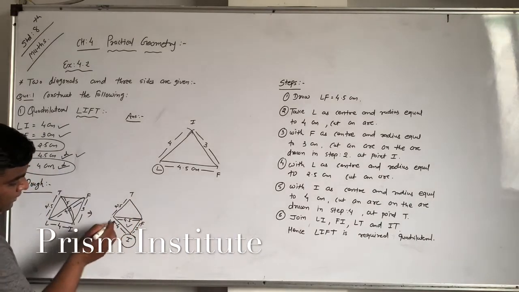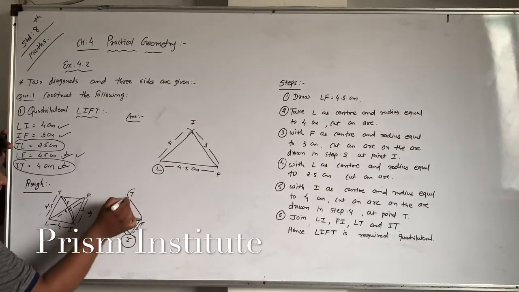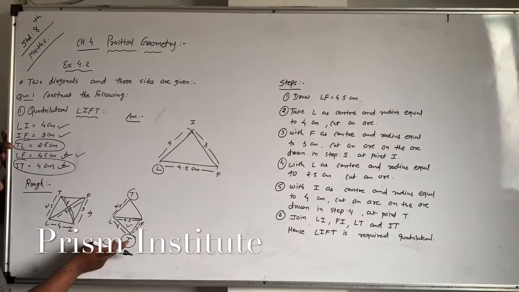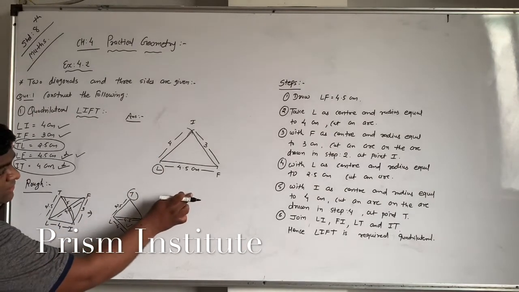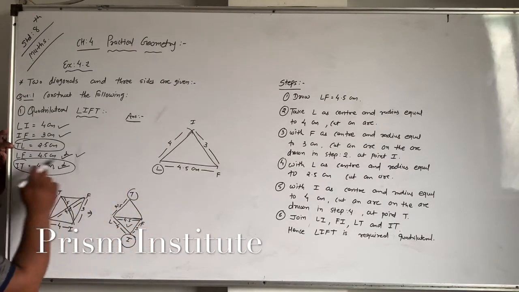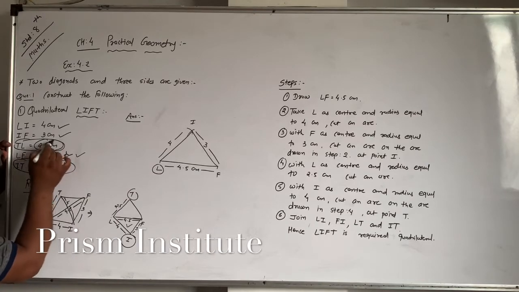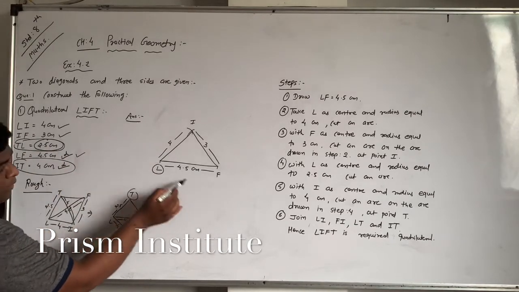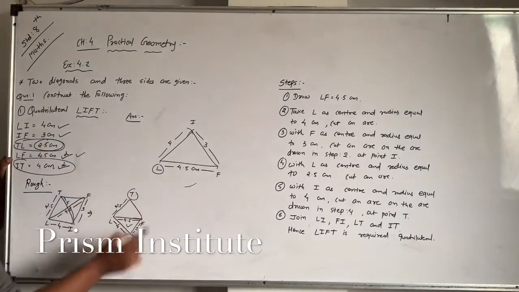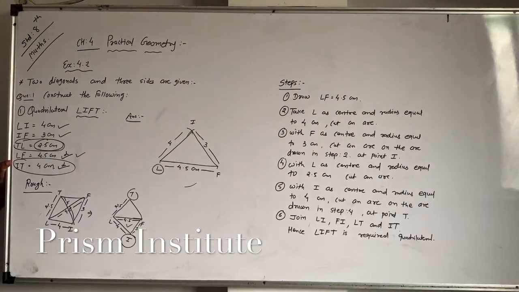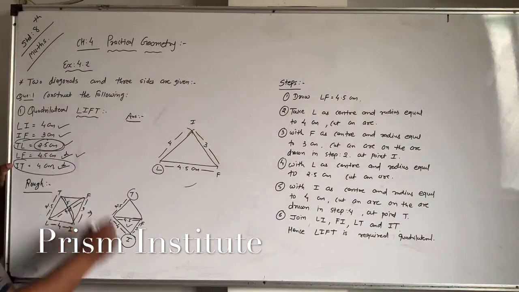We know that T is in the other half plane, opposite to I. So T is here somewhere. Now take L as a center and take radius 2.5, and cut the arc on the half plane opposite to I. So that is your TL.